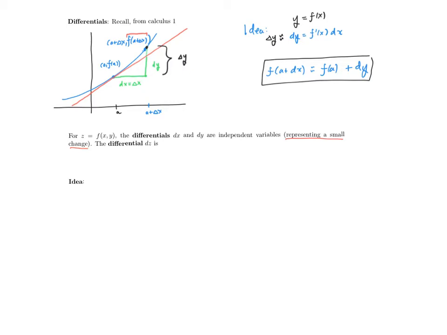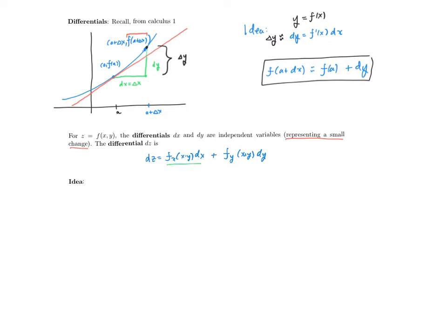Then the differential dz is going to be defined as follows. dz will be the partial of f with respect to x at (x, y) times dx plus the partial with respect to y at (x, y) times dy.